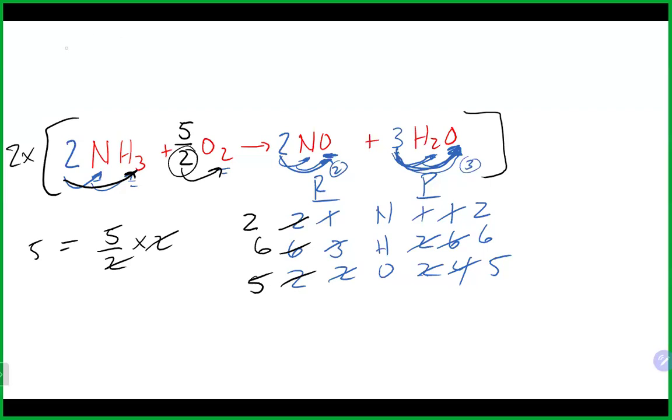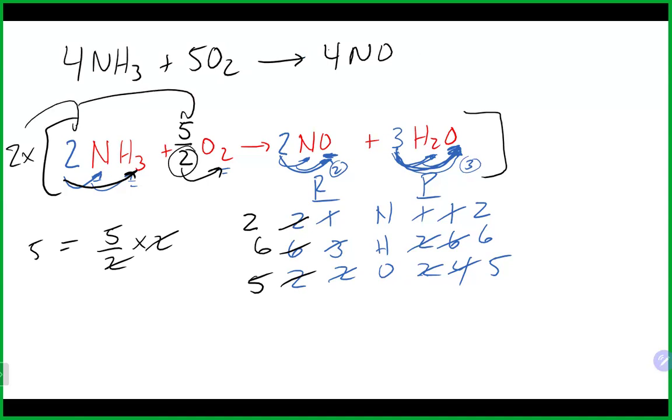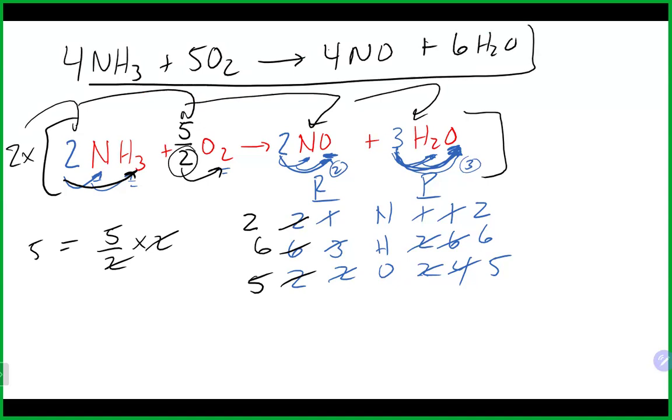So if we do that, that's going to give us 4NH3 plus 5O2 gives us 4NO, again, we're just multiplying the 2 to everybody that is there, plus 6H2O. And if I didn't screw it up here, 50-50 shot, we will still be balanced at this point. So let's see.